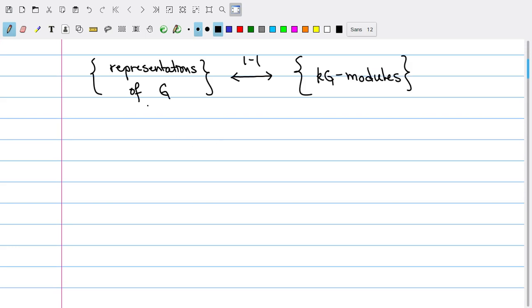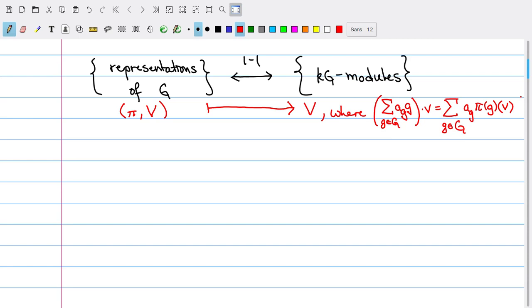In particular, this takes a representation π over a K vector space V and sends it to the KG module, also represented as V, where the module action is given by the sort of obvious action that we would expect.